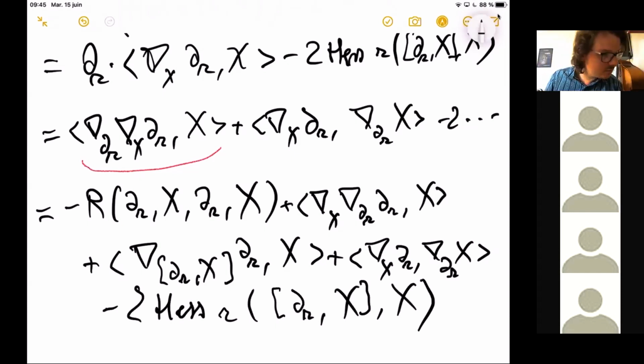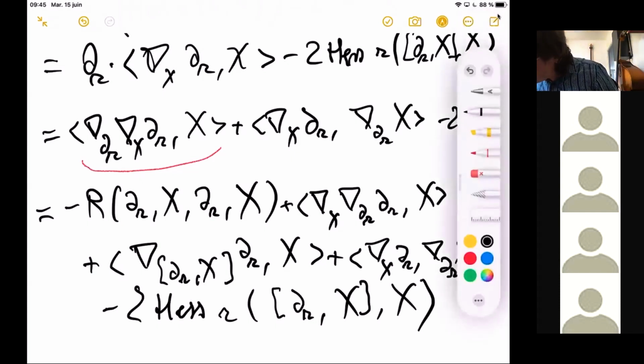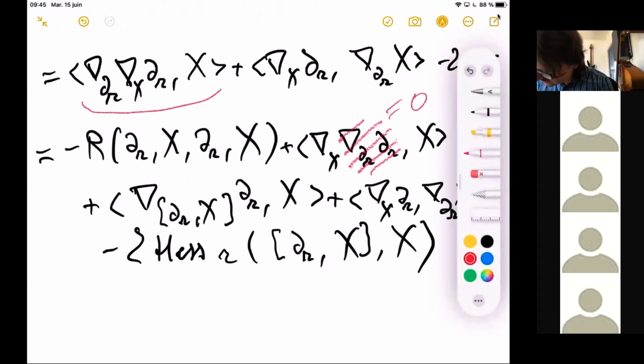Okay, so now we are more or less good, so you have to look at that. So why did I go this far? So this is 0. We have seen that together. And actually this is the Hessian of dr comma x.